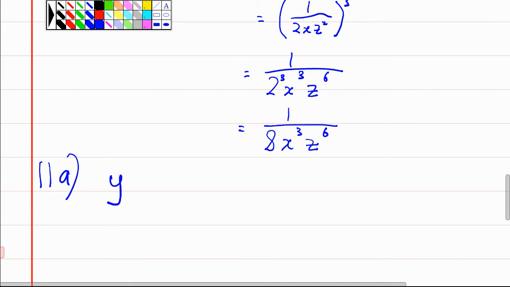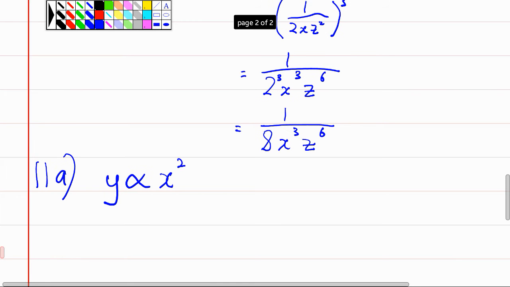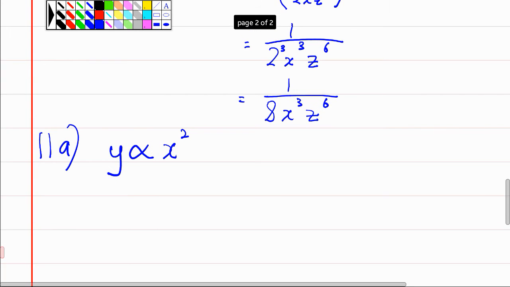Y varies inversely proportional to x squared. Whoa, this is an old school question. Do you still remember this symbol? No, do you remember?